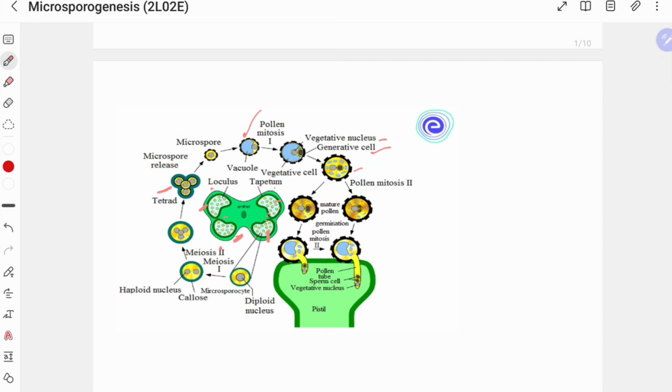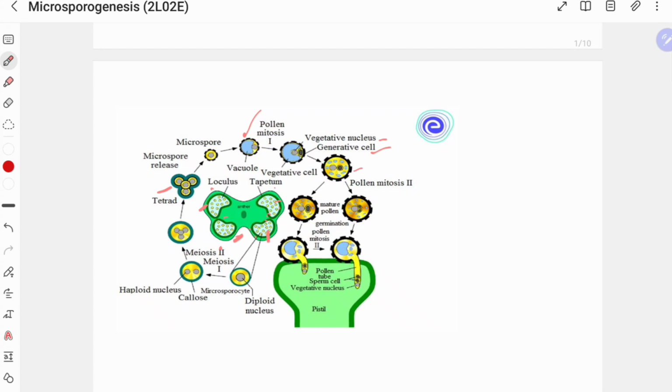The mature pollen grain has germ pores. The generative nucleus divides in two parts; vegetative cells and generative cells are divided.